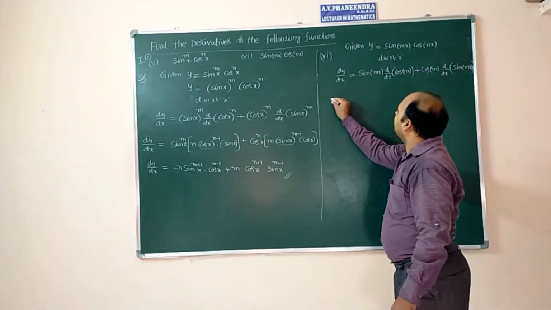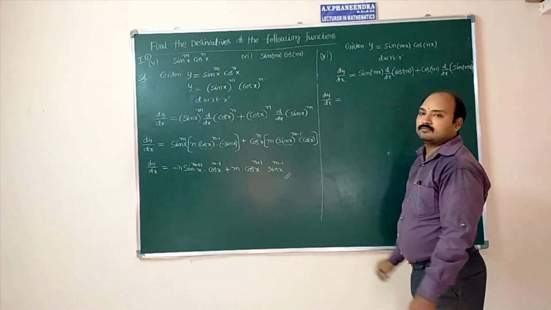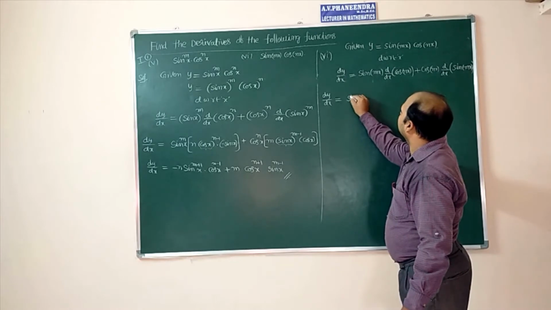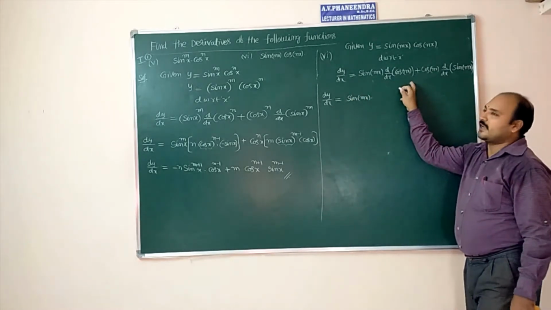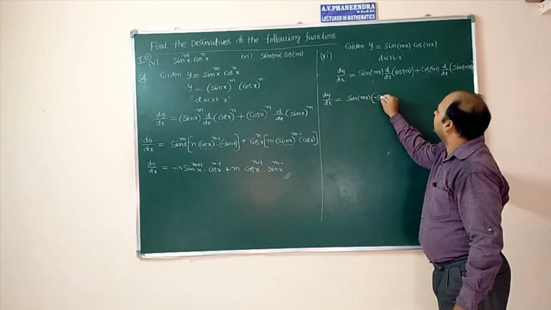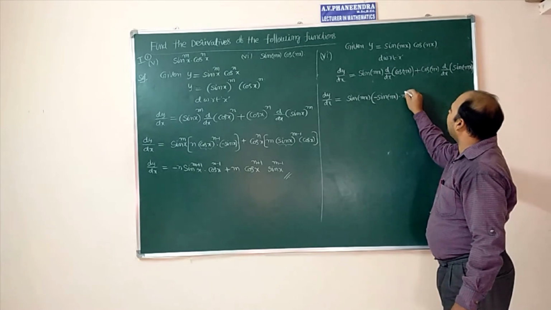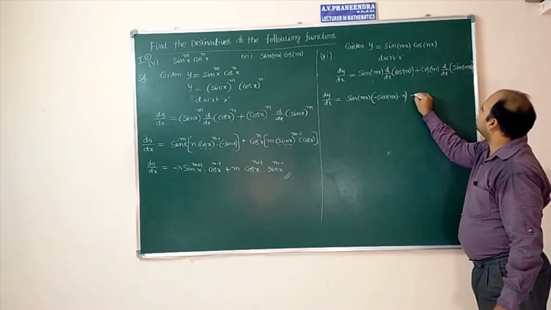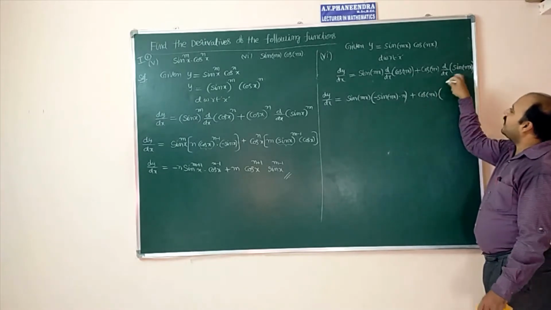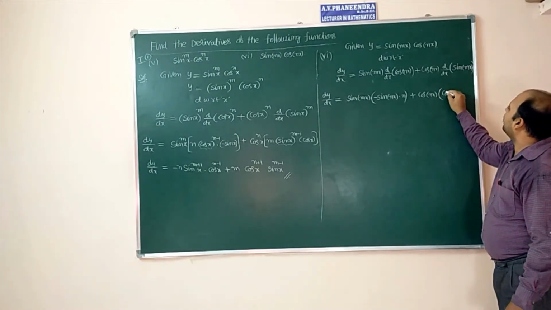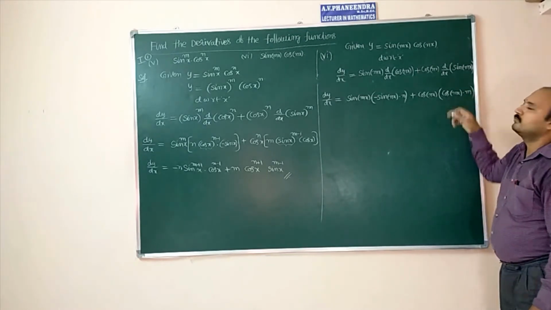We have to apply those formulas. Therefore, dy by dx equal to sin mx into d by dx of cos nx, which is minus sin nx into nx derivative n, plus cos nx into d by dx of sin mx, which is cos mx into mx derivative m.